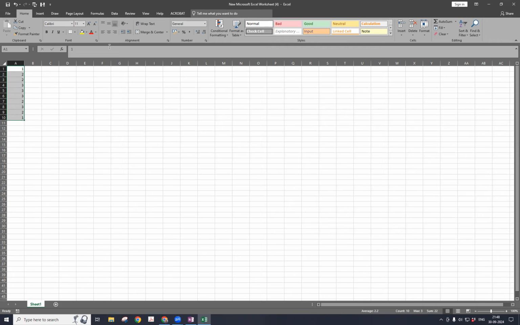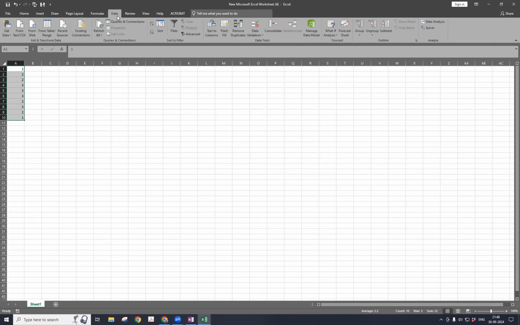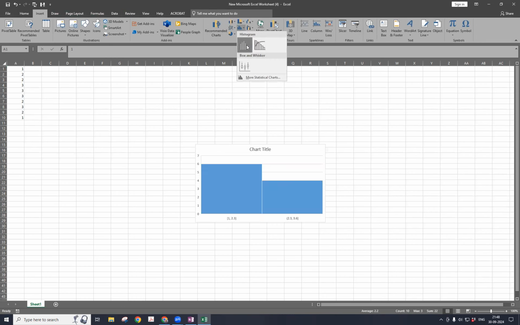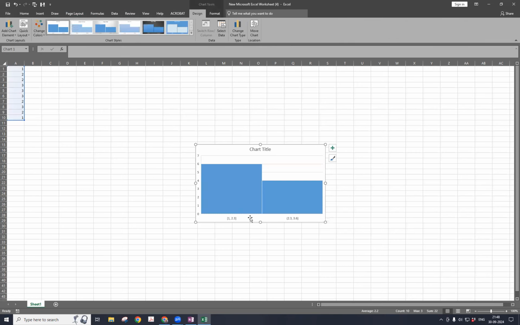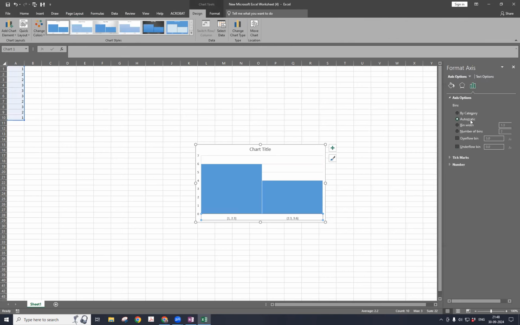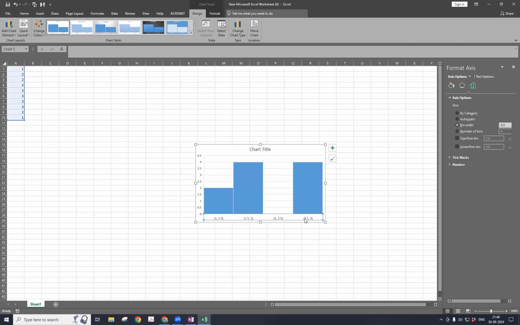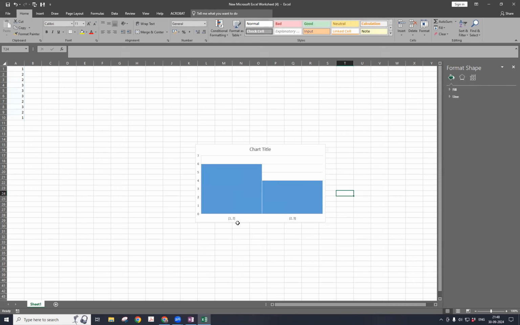Now, when I plot the histogram of this particular data, let me try to put the bin width as maybe 0.5.